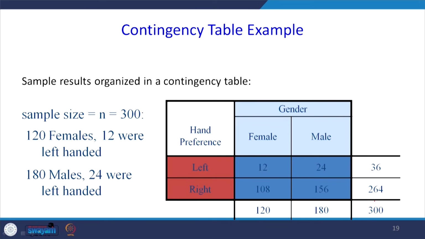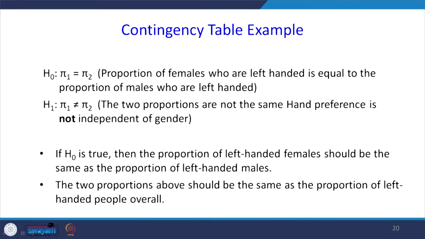Out of 300, 36 are left handed, 264 are right handed. So the sample result is organized in a contingency table. The sample size is n. Of 120 females, 20 were left handed, and of 180 males, 24 were left handed.